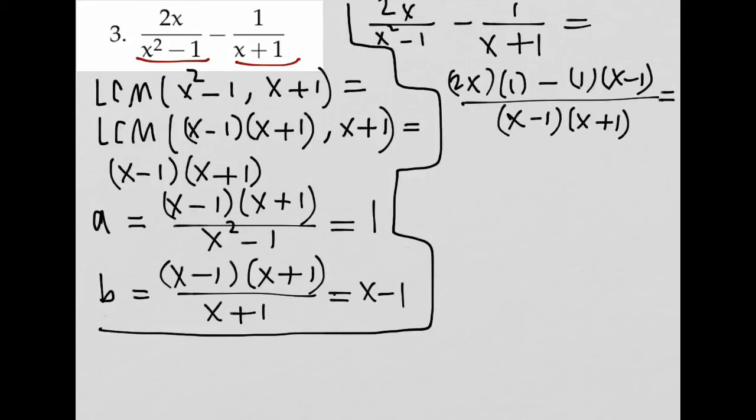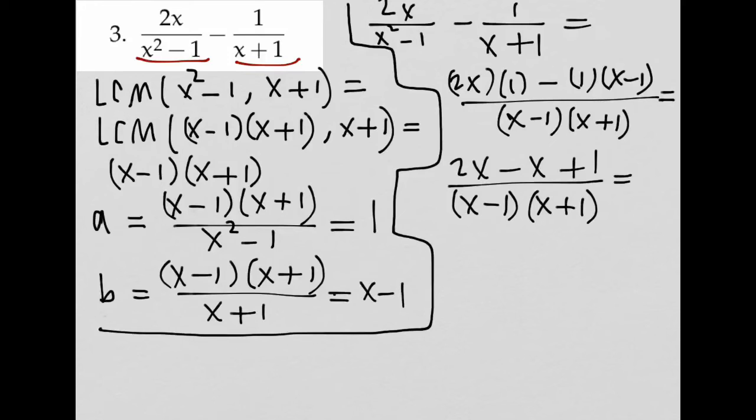So that's equal to 2x, we distribute, minus 1 times x is minus x, and minus 1 times minus 1 is plus 1, divided by x minus 1, x plus 1.